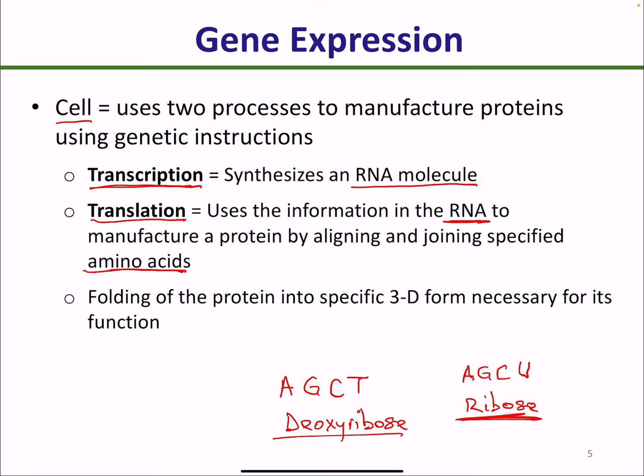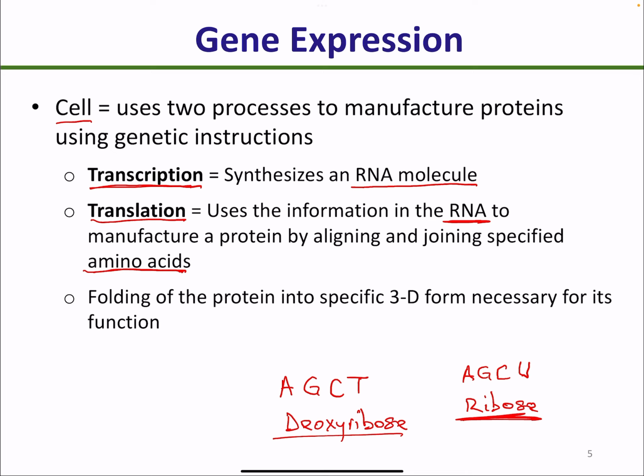Now, I want you to remember that the 3D shape is the single most important aspect for a protein to be functional. If a protein is not properly folded in its 3D shape, that protein is not going to be functional. Let me repeat that.